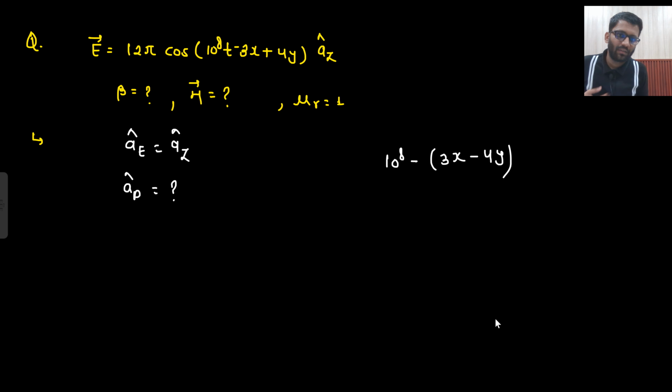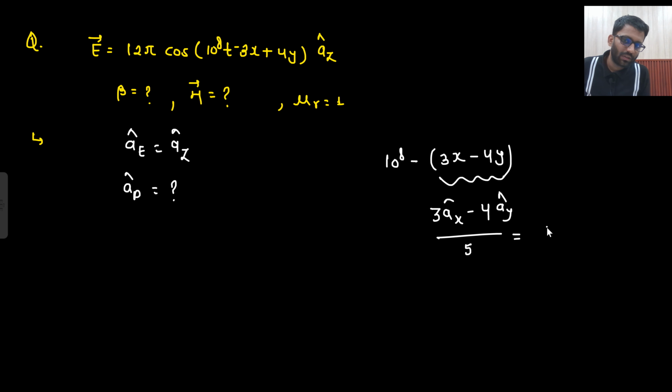So what will be the direction of propagation? 3ax cap minus 4ay cap. But this is not a unit vector, so divide by its magnitude, which is 5. So this is your ap cap, the direction of propagation.